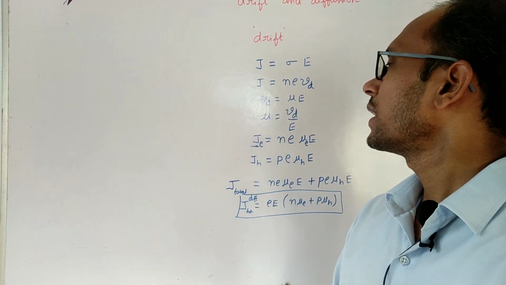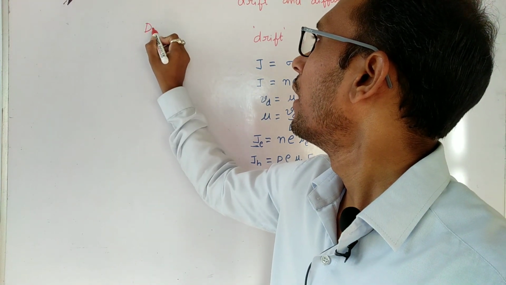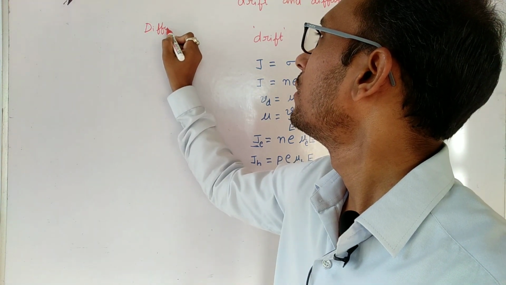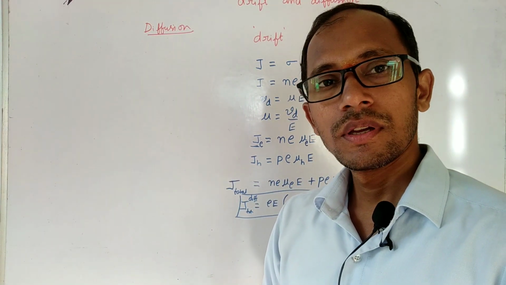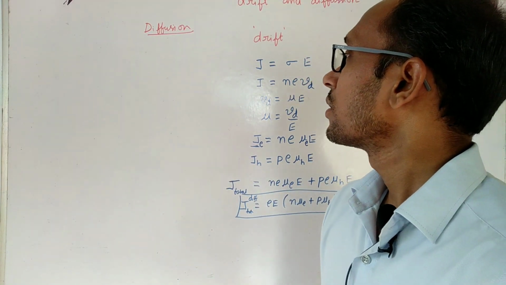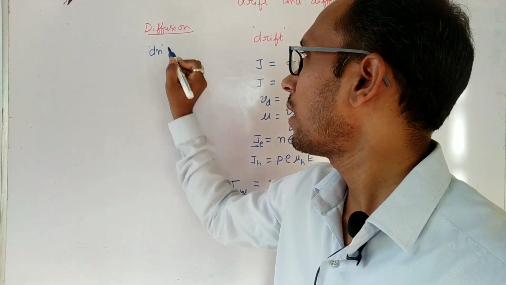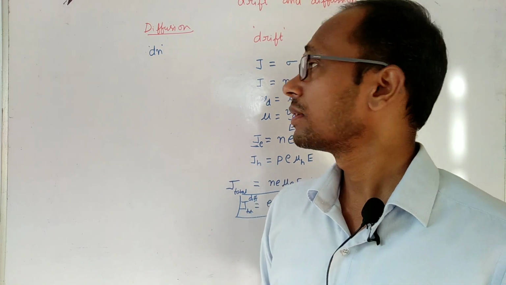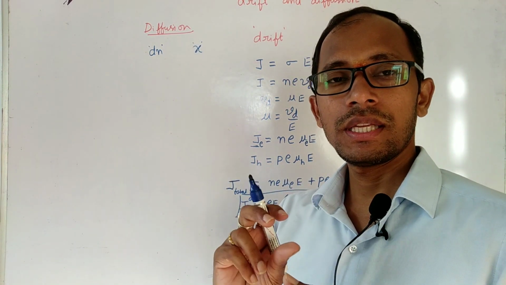So let's say for diffusion current, for example, there is a small concentration variation dN over a distance dx in a material.